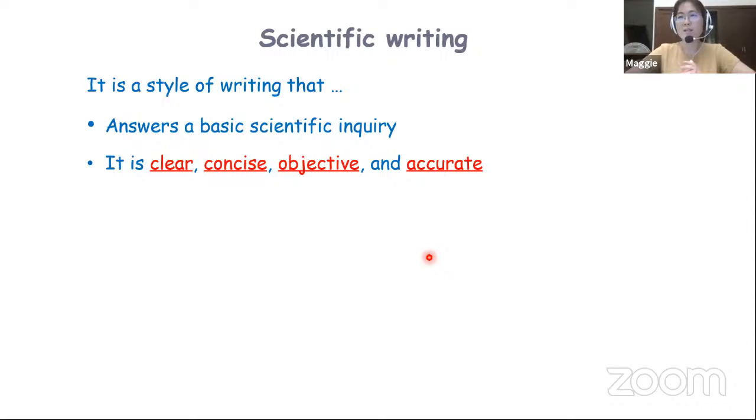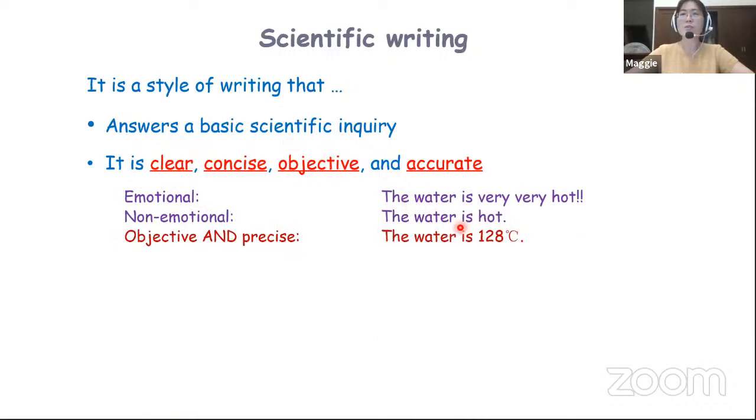That's different from the writing in our diaries, not like writing fiction journals. It's right for answering basic scientific questions. There are basic requirements for scientific writing: it should be clear, concise, objective, and accurate.